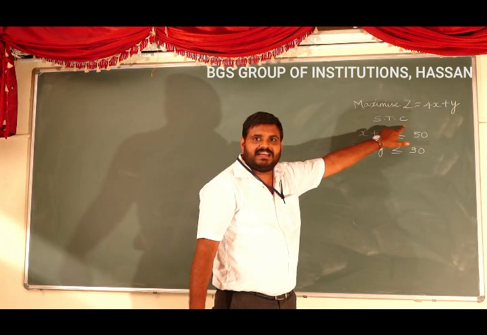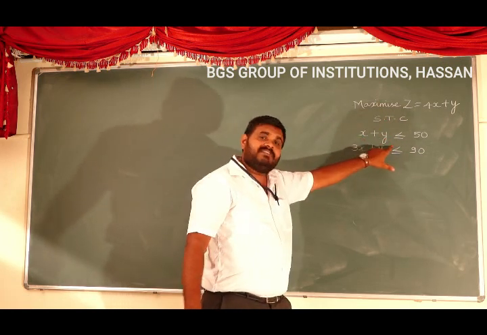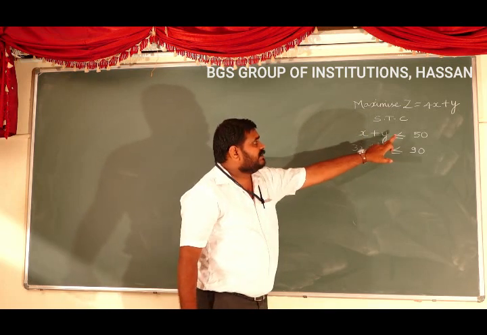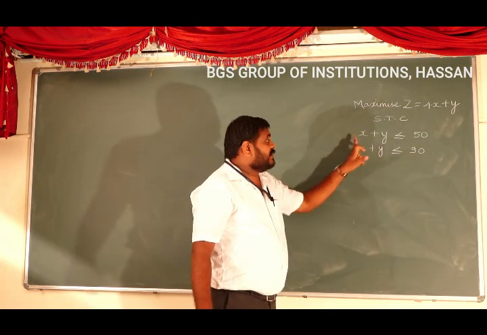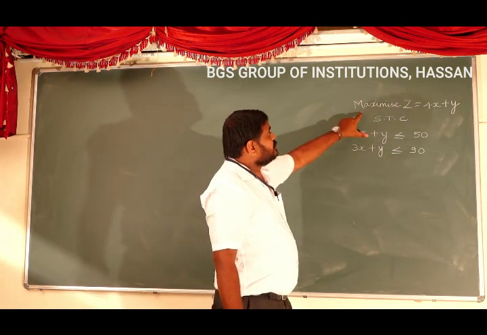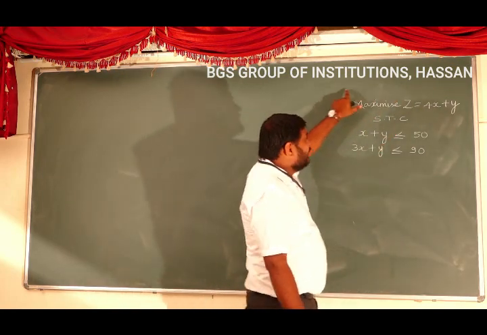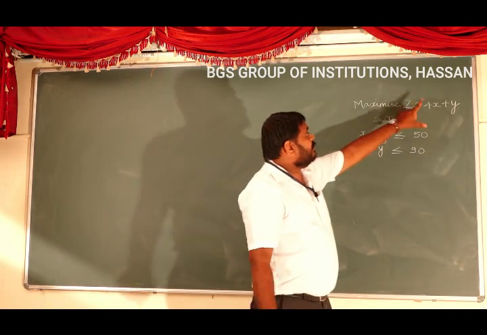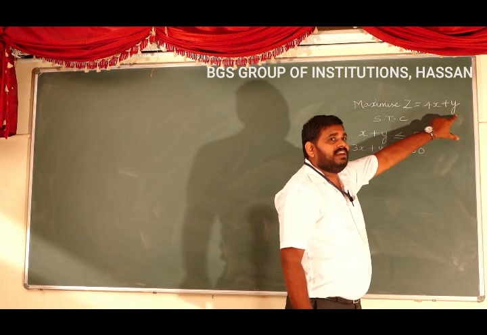Subjected to conditions means that the x and y values I need to find should satisfy the condition saying that if I add x plus y, it should be less than or equal to 50. If I get 3x plus y, it should be less than or equal to 90. What's the thing here is there is maximize Z is equal to, which means the Z value is dependent on the value of x and y.